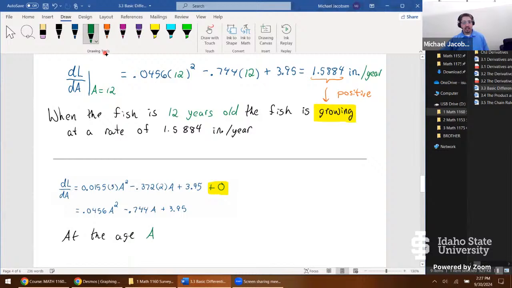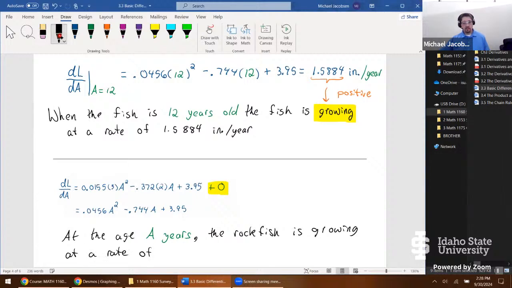So at the age A years, the rockfish is growing at a rate of 0.0456 a squared minus 0.744a plus 3.95 inches per year.